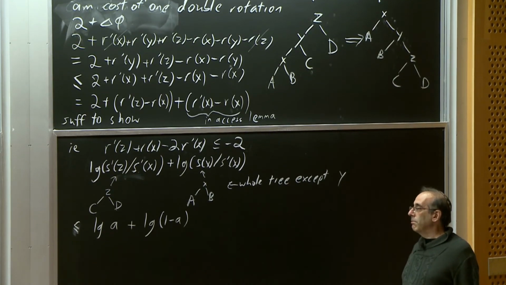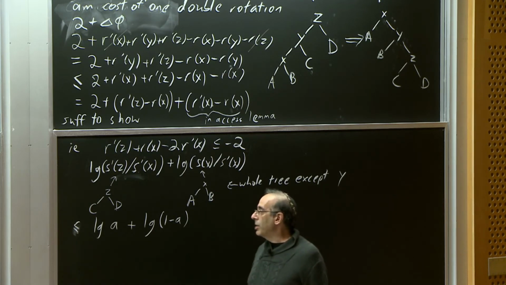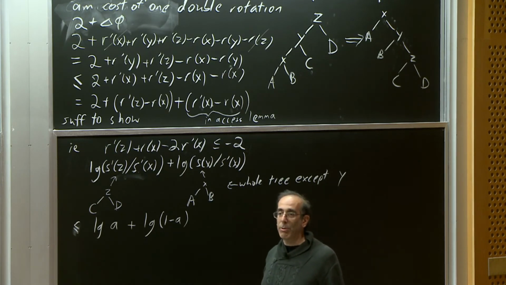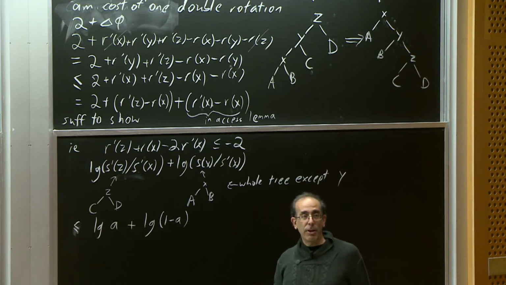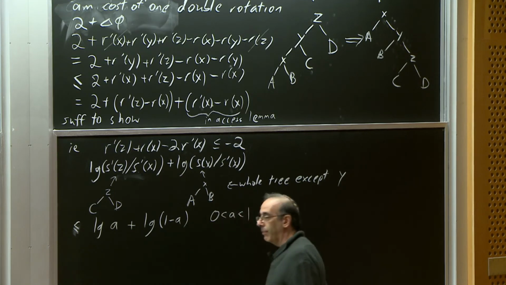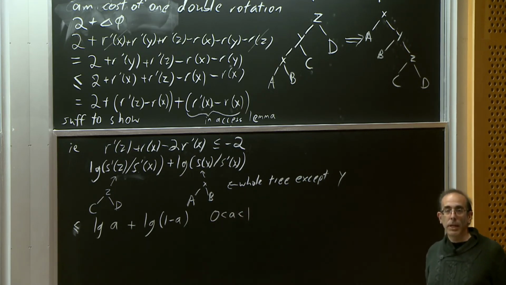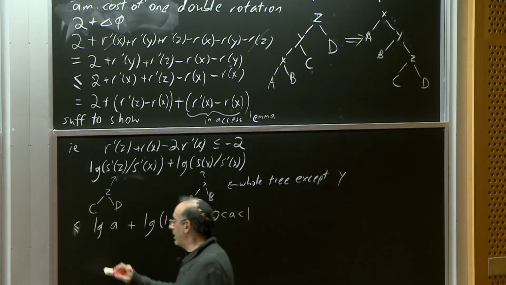Now, I don't know what number A is, but it doesn't matter, because I can just ask what is the maximum possible value for this expression as a function of A, right? Notice that A is between 0 and 1. And so this is a calculus problem to maximize this.